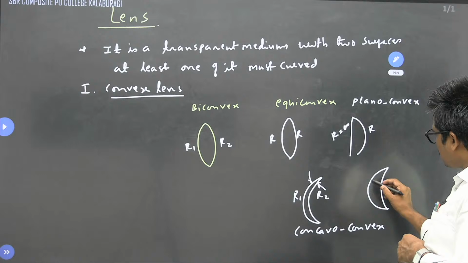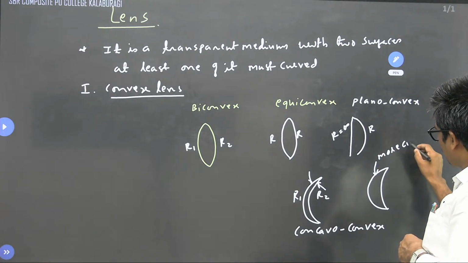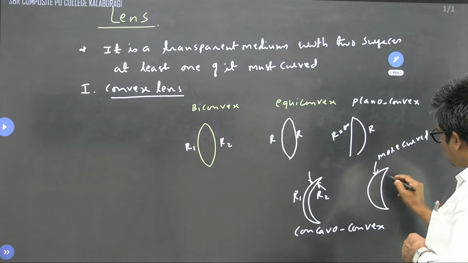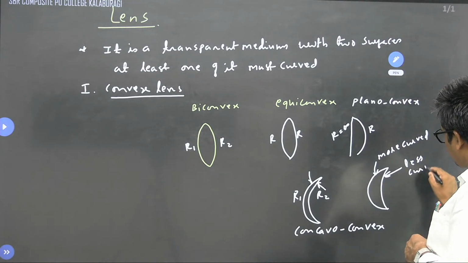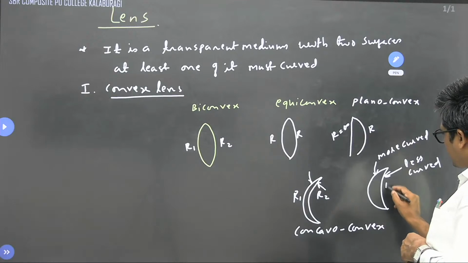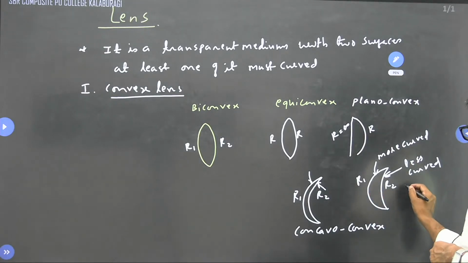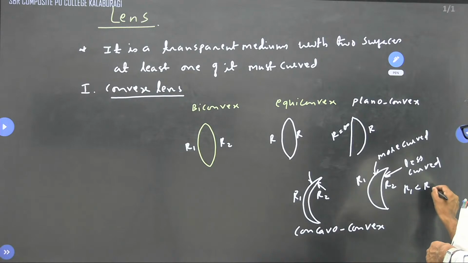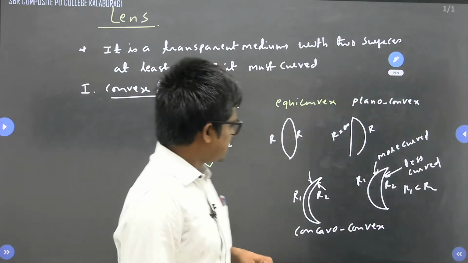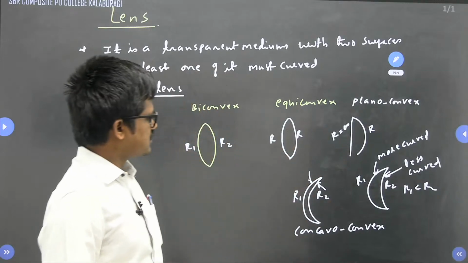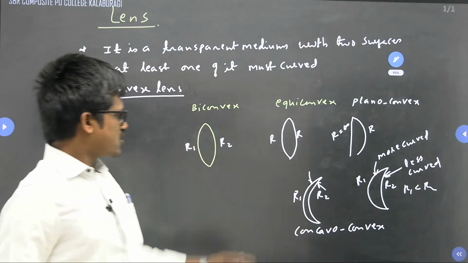This is more curved, and this is less curved. Say this is R2 and this is R1. The more curved one is this, no? Therefore R1 will be less than R2. The radius of curvature of the convex surface is less than the radius of curvature of the concave surface. This is called a concavo-convex lens.